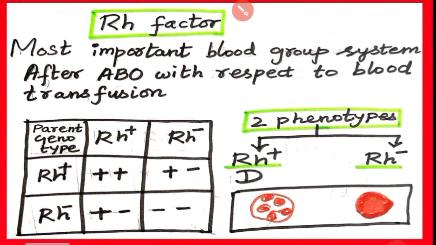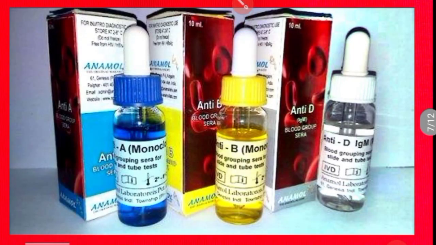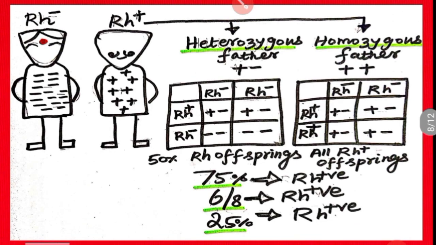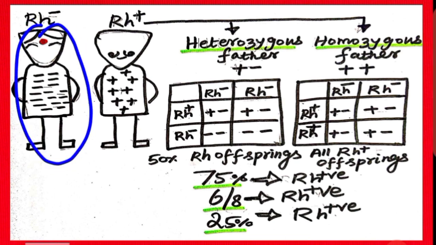As we discussed earlier, besides blood transfusion, RH incompatibility plays a crucial role in the pregnancy of the RH negative mother. Consider an RH negative female, see the picture, marrying an RH positive male.